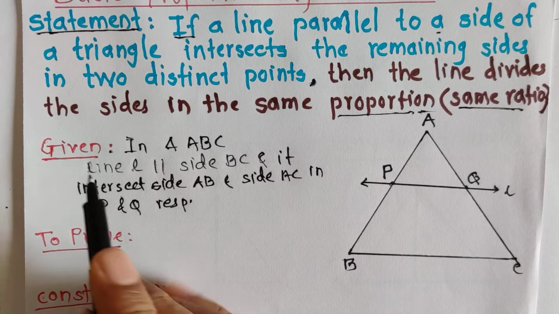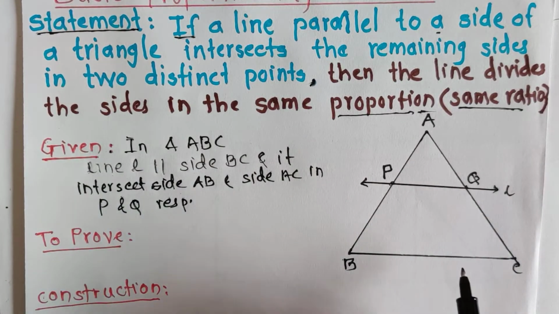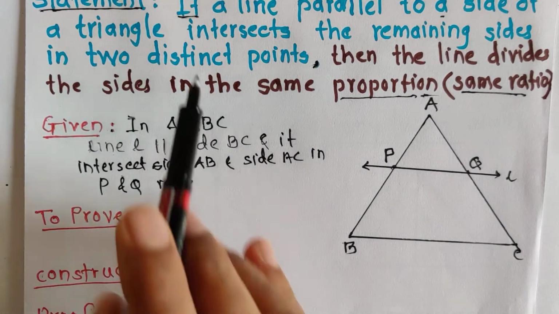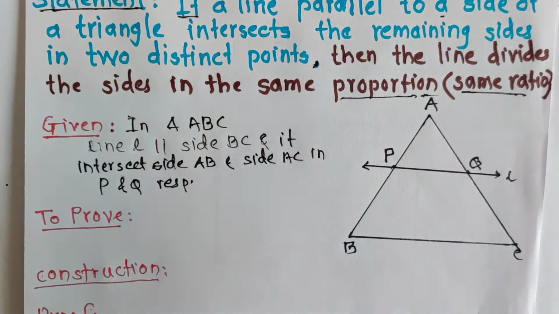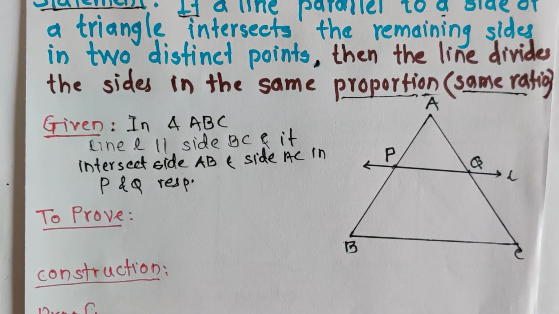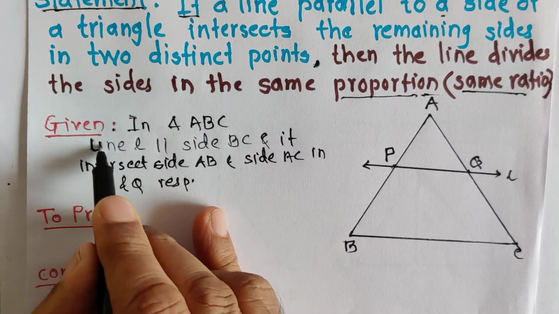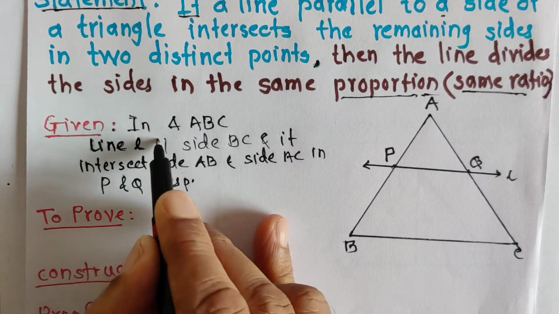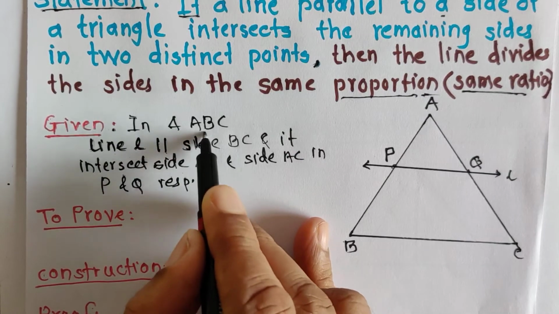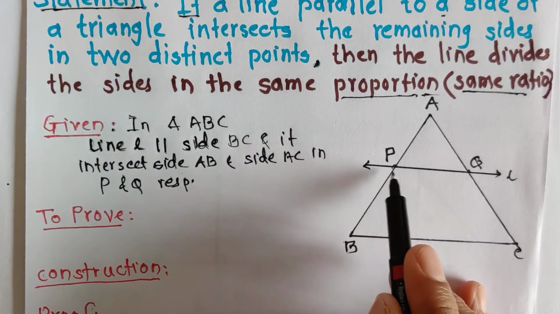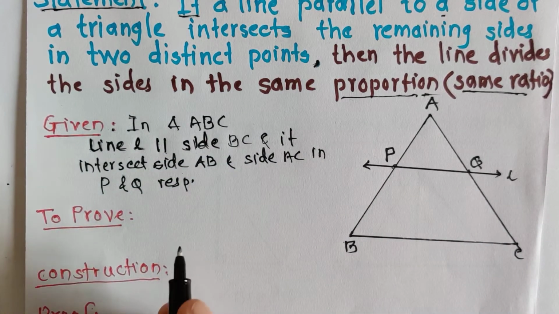So here write the given from the figure in mathematical form, not in words. Some students write directly, 'if a line is parallel to a side then intersect remaining distinct points.' That is wrong. So write in so-and-so figure, write the name of the figure, in triangle ABC. Which line? Line L is parallel to side BC and it intersects the other sides, meaning AB and AC, in P and Q respectively. Then what we have to prove?